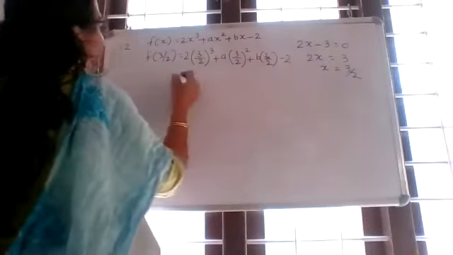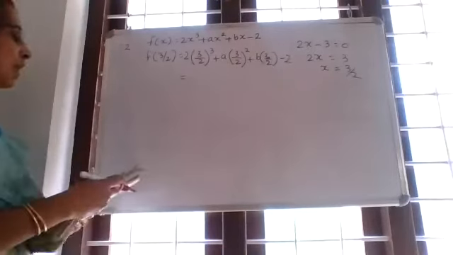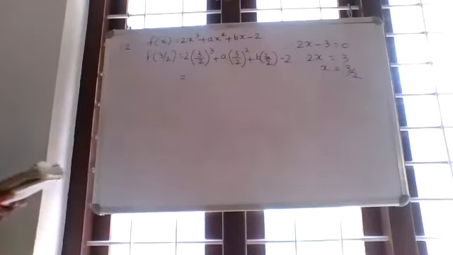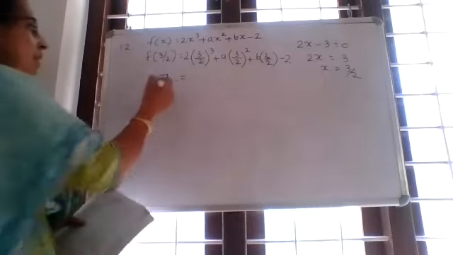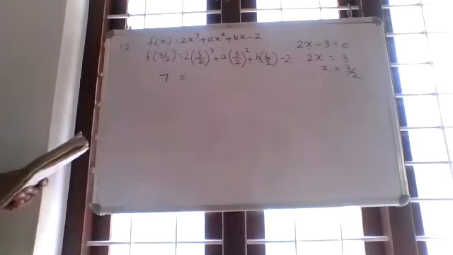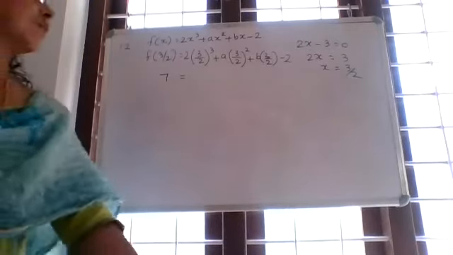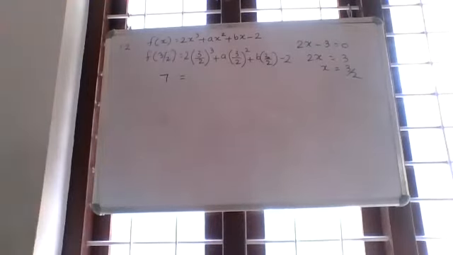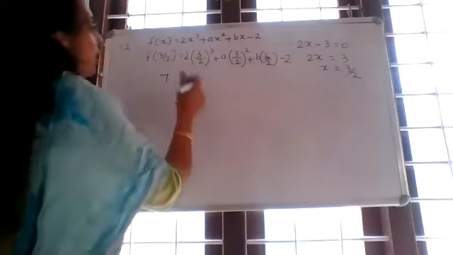It will be f of 3 by 2. How can we replace that? As 7, remainder 7. So 2x minus 3, we got f of 3 by 2 as 7. Then how can we write this?